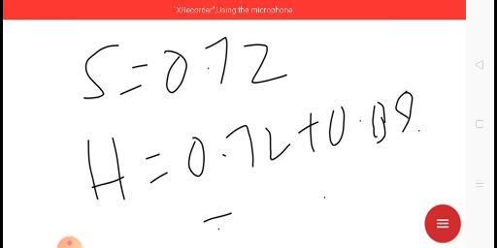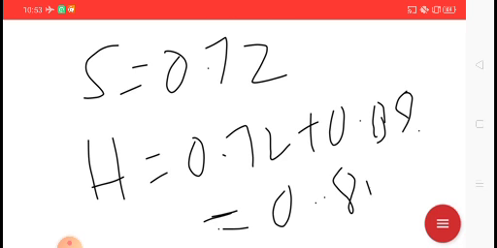Right, so the total is 0.8 meter. Okay, the table is 0.8 meter. If you change to cm, it will be 80 cm, right? Okay, this is for question 4.